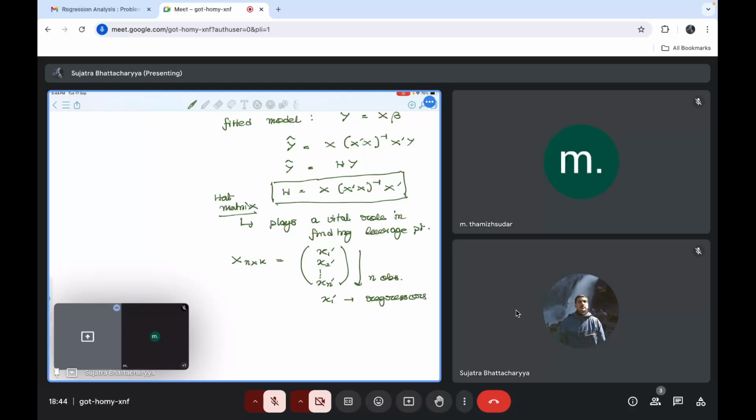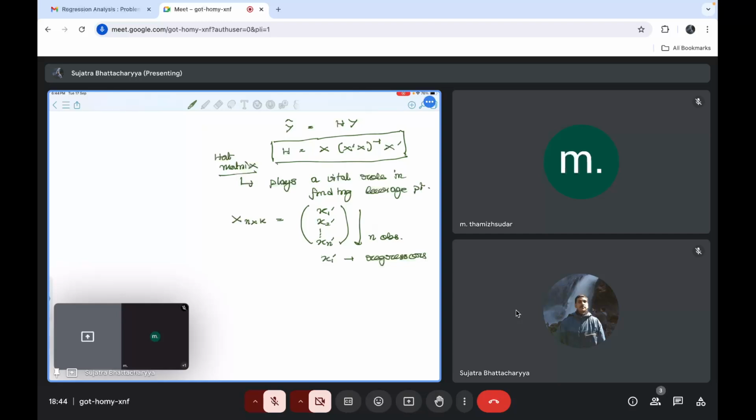You know that x1 prime will be a row vector with k elements. From this matrix, h_ii can be written as xi prime (X prime X) inverse xi. This remains the same because it's a k by k matrix.